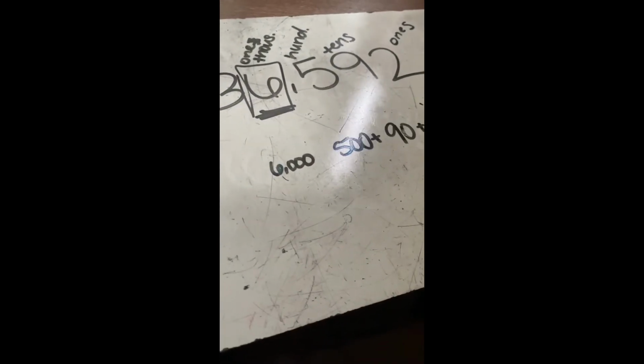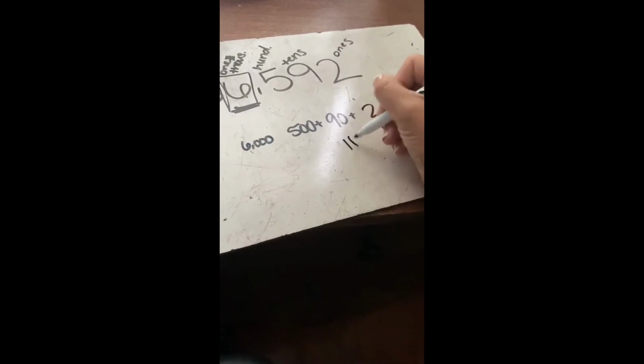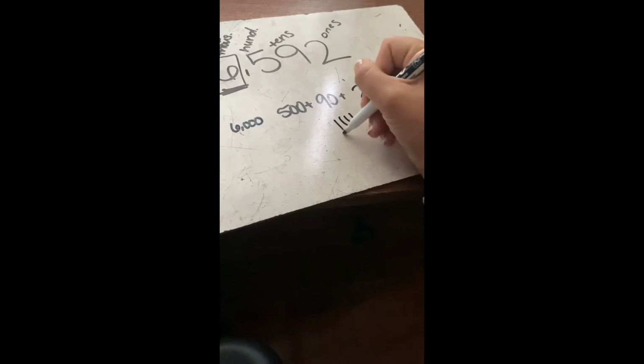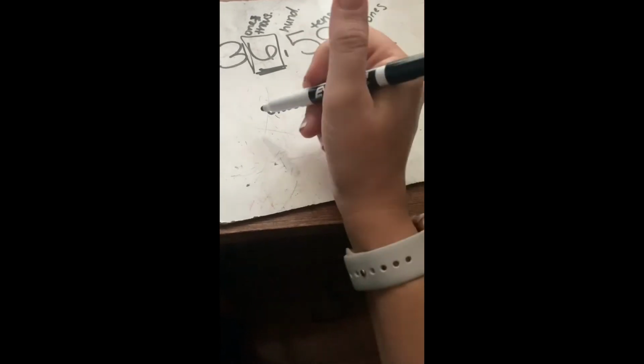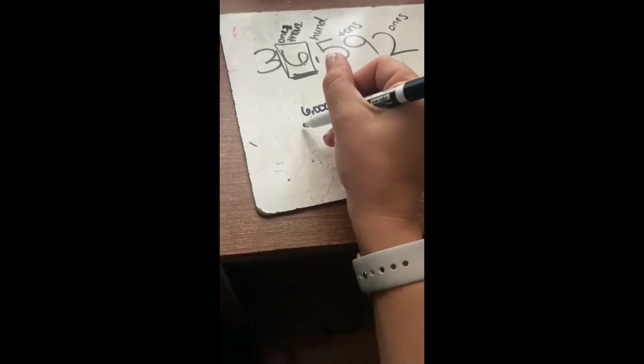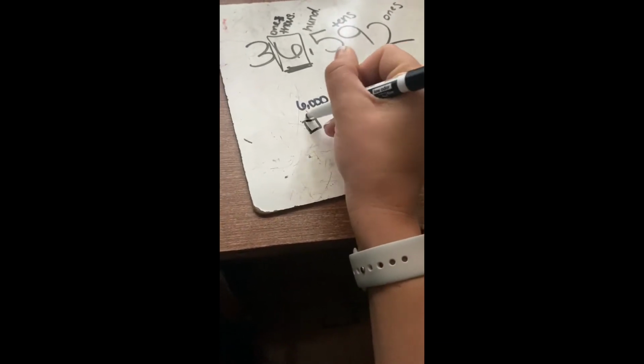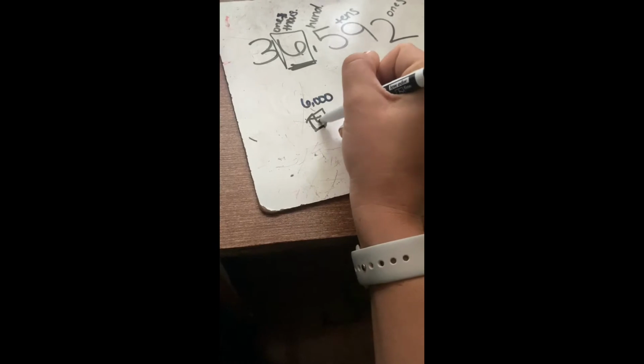So the way we draw ones are like that. The way you draw tens are our 10 sticks, right? 2, 3, 4, 5, 6, 7, 8, 9, 10, 20, 30, 40, 50, 60, 70, 80, 90. We draw hundreds like this. And all of these things we did in second grade. And when you were in second grade, you also should have learned that the big cube block was 1,000.